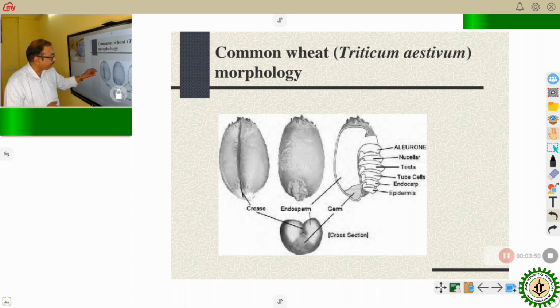The wheat grain has a crease, and once the outer husk portion is removed, this is the bran actually, and the germ is present inside the endosperm. In the bran portion, the innermost layer is the aleurone, which is adhered to the endosperm, and successively, going outside, there are the nucellar portion, testa, tube cells, cross cells, and finally the epidermis. The bran protects the grain from the outside atmosphere as well as from microorganisms and insects.